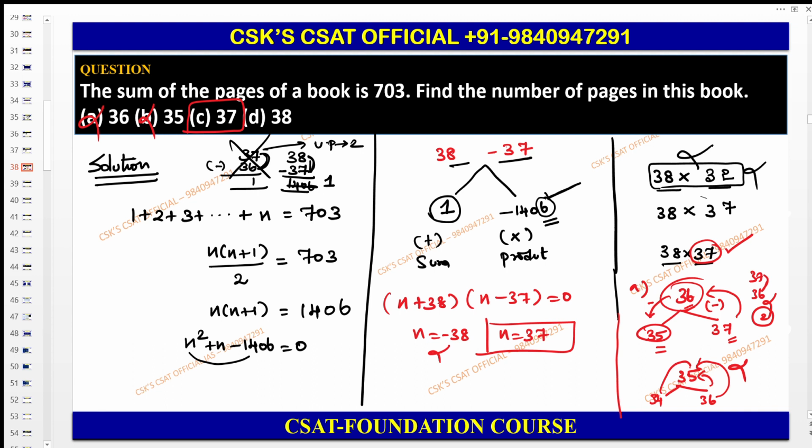Then you can write as n plus 38, then n minus 37 which is equal to 0. Then n plus 38 is equal to 0. Therefore n is equal to minus 38. Now here this minus comes to the RHS. It will become a positive. Therefore n is equal to 37. The n should be positive. It is not negative. Therefore the answer is 37.